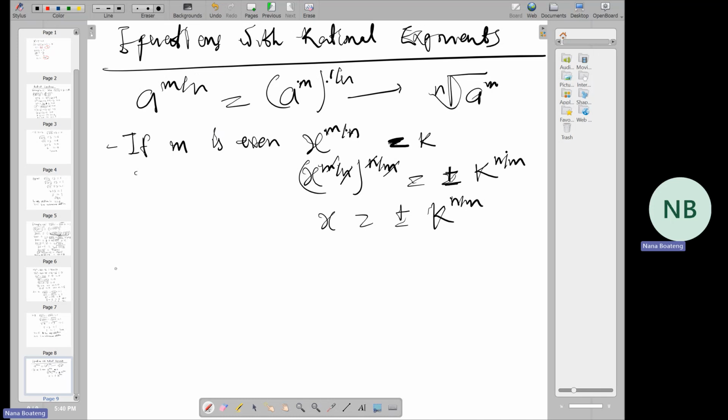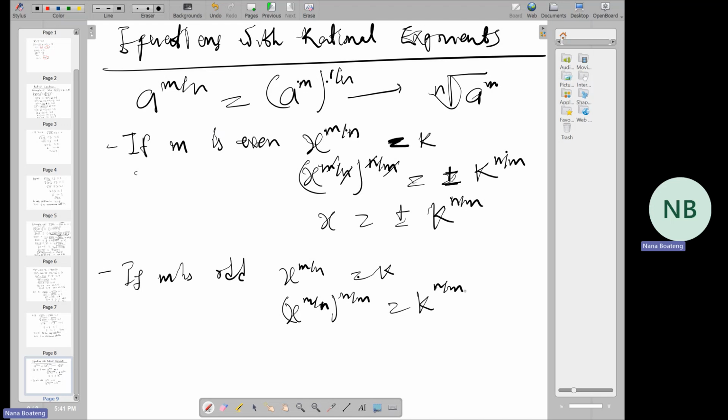If the power m is odd, then we don't need a plus or minus sign. So if m is odd, then we have x power m divided by n is equal to k. We can raise both sides to the power n divided by m. So this is equal to k power n divided by m.